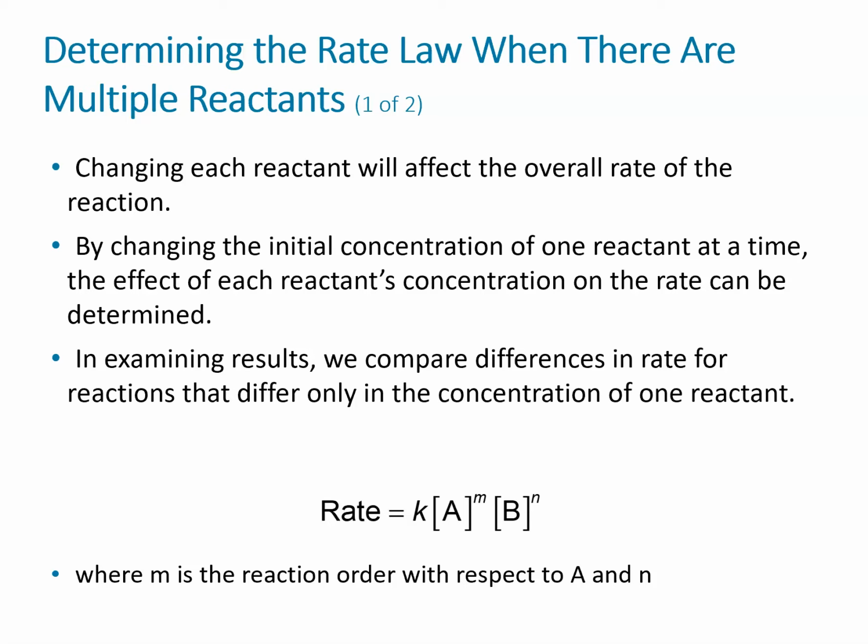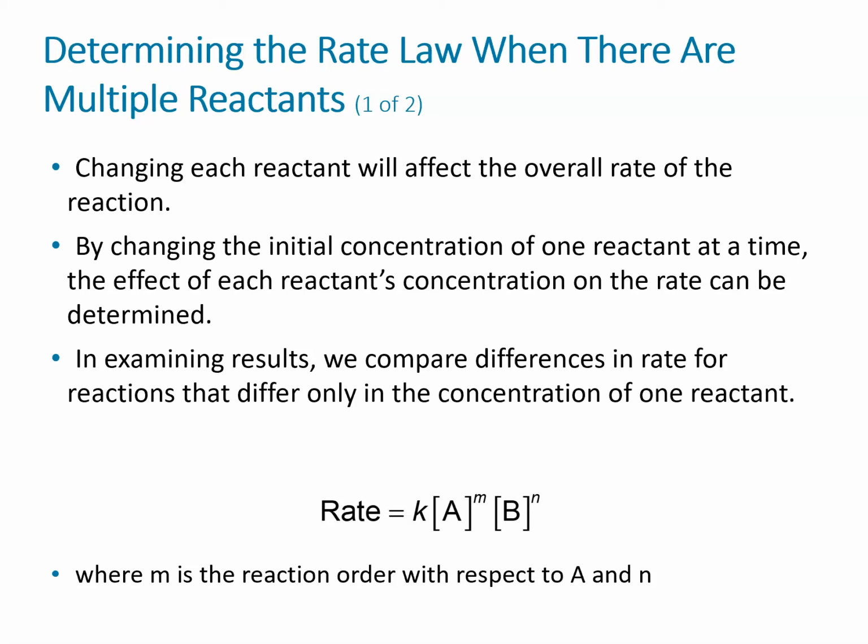All right, so let's take a look at a slightly more complex scenario, which is also more realistic. Determining the rate law when there are multiple reactants. Because so far we've been saying concentration of A goes to product. Well, that happens occasionally. But for the most part, we're having multiple reactants react with one another to form a product, unless it's a decomposition reaction.